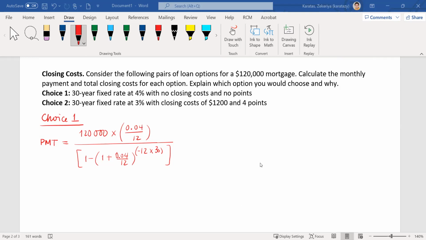And then close parentheses for the exponent and close parentheses for the whole denominator.